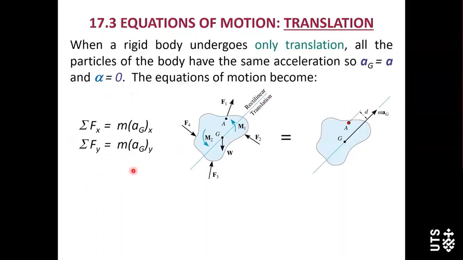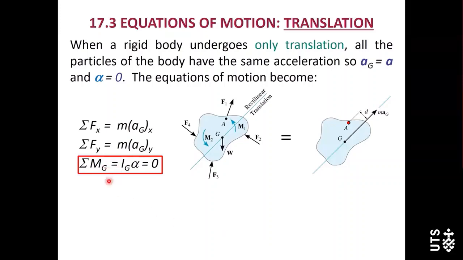should be like this. And actually, for translation, rotation about a fixed axis, or general plane motion, for all these three motions, the translation component is always the same. For the rotational component, it will depend on what point is selected for calculation.